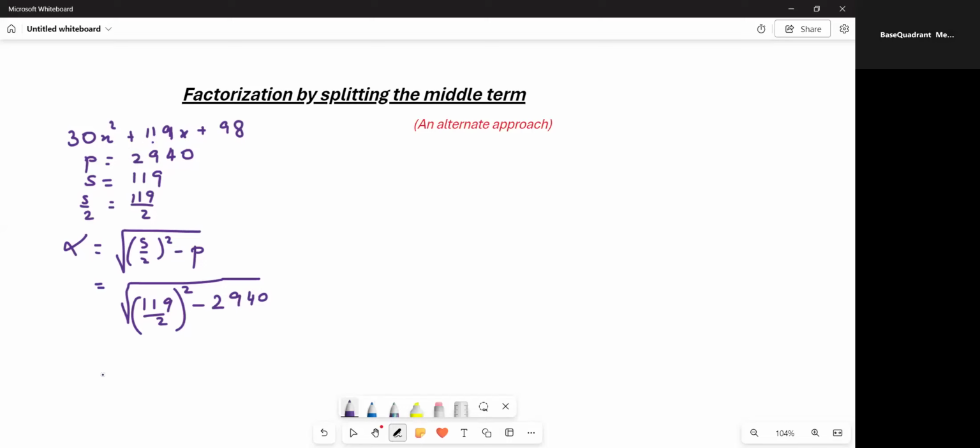If you take the square, you get 14161 upon denominator 4 minus 2940.